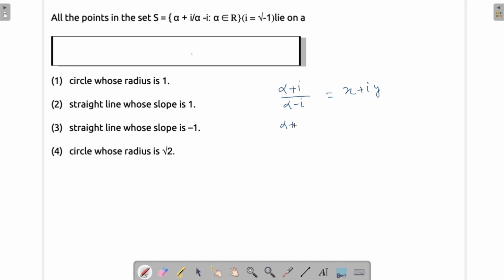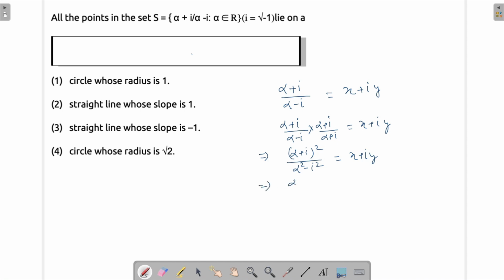So we will first multiply by the conjugate of alpha minus i, which will be alpha plus i upon alpha plus i, and that will be equal to x plus iy. And that is again going to be equal to (alpha plus i) whole squared, and the denominator will be a minus b into a plus b, which is a square minus b square. And that is still equal to x plus iy.